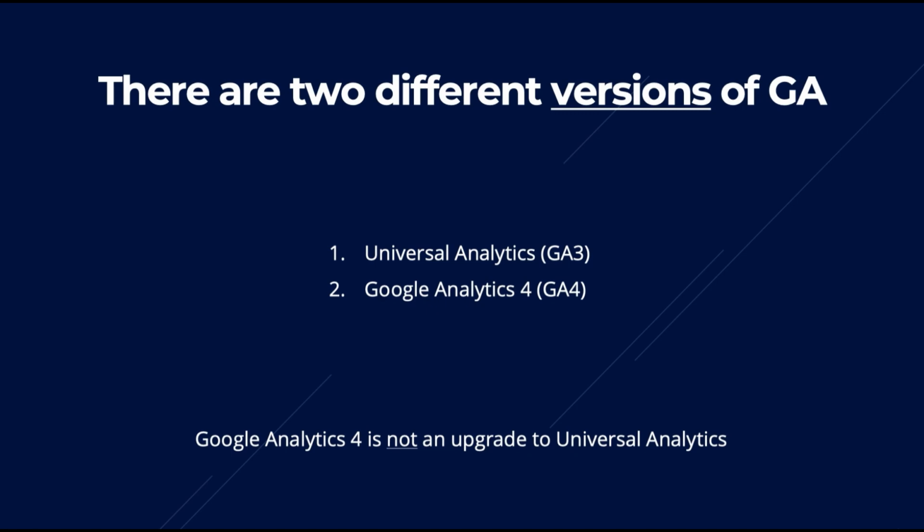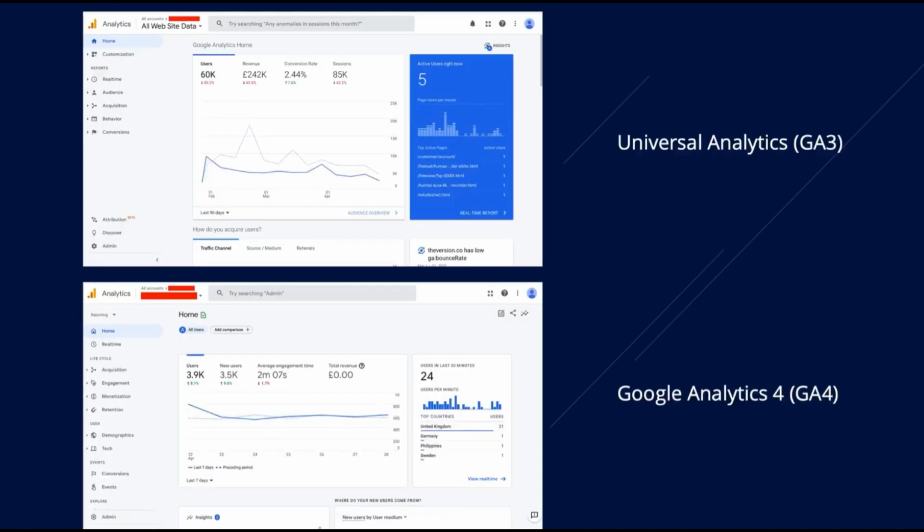To give you an idea of what they both look like, you can see my lovely comparison right here. Apologies if it is a little bit too small and you can't exactly read what it says on the screenshot. I did try my best to get both of them fitted onto one actual PowerPoint slide, but essentially at the top we have Universal Analytics, or GA3, and you can see it says reports on the left hand side.